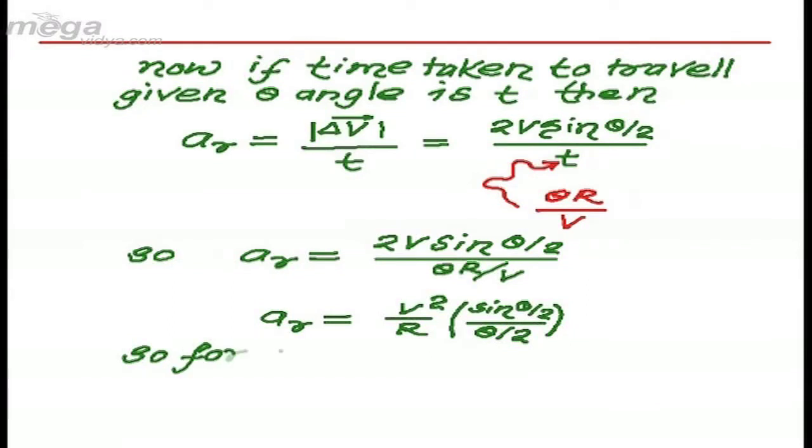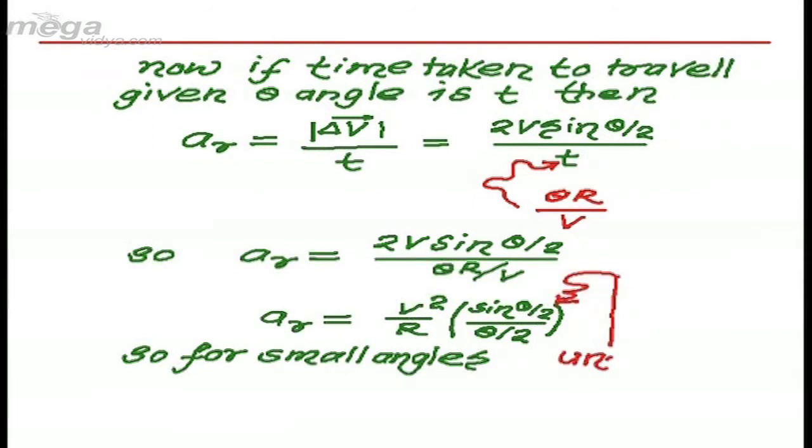So for small angles, this sine theta by 2 divided by theta by 2 can be written as unity. So AR is equal to v square by r. This is the final result.